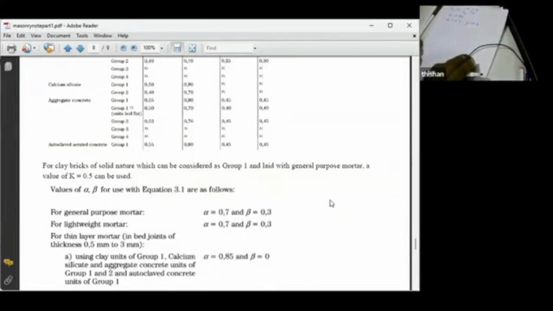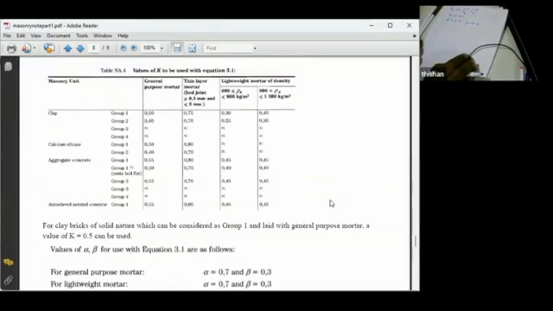So we can actually calculate the characteristic strength of the masonry by using this equation that we did last time.